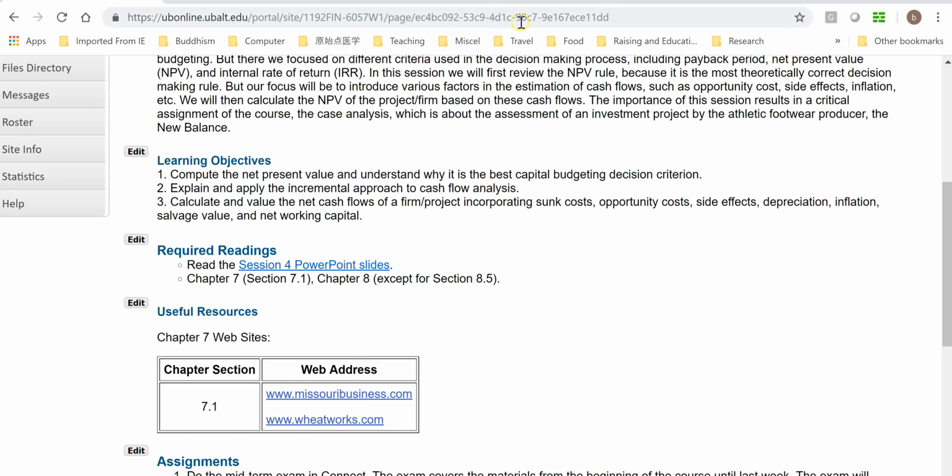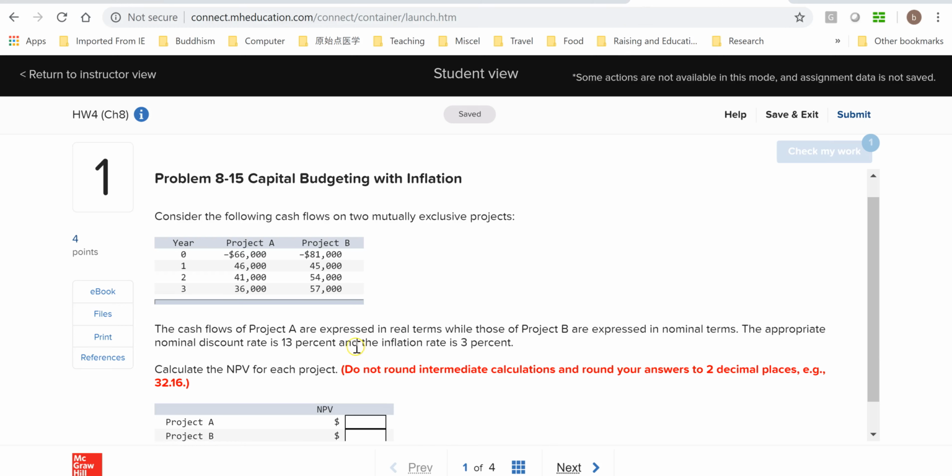So going back to our question, this information can allow us to figure out the real discount rate, and because the cash flows for project A are in real terms, we can discount these cash flows at that real discount rate.